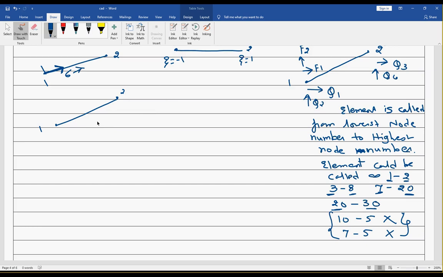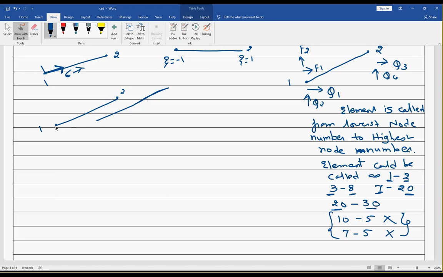Maybe somewhere there is displacement. I am not able to draw exactly, this should be inclined. Basically these two lines are not parallel, they are inclined.